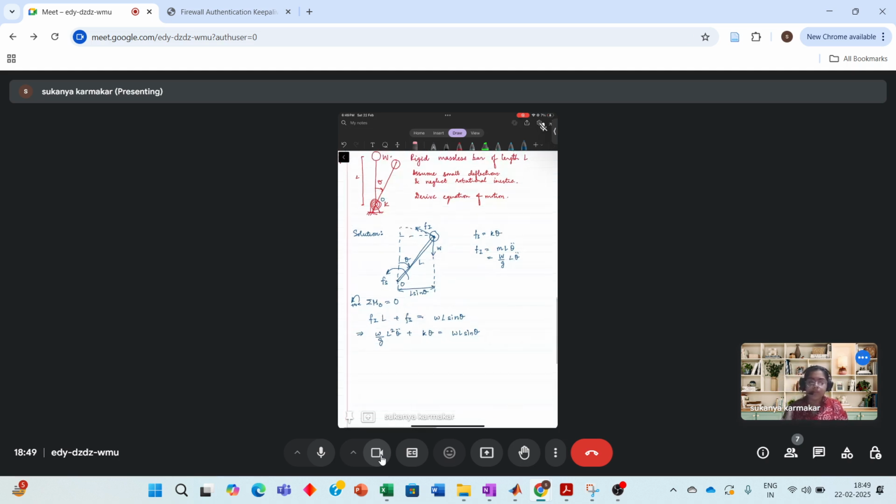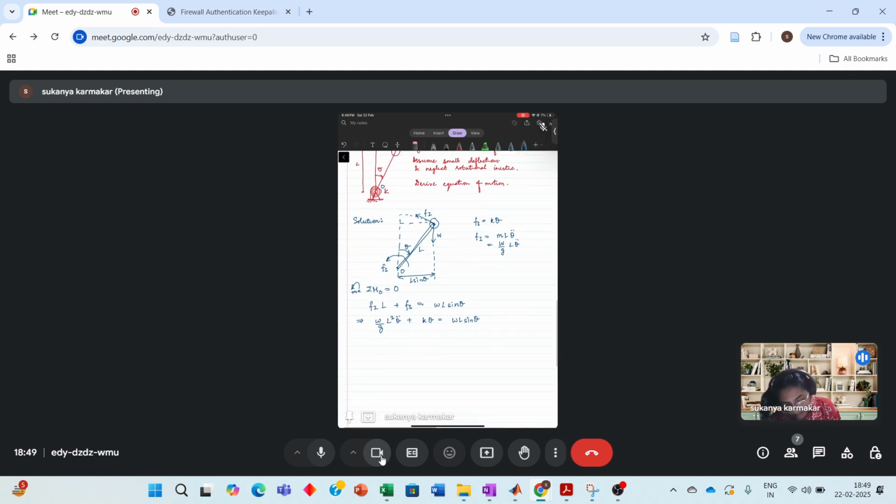And let's assume that this is a small deformation problem, that theta is extremely small. So let's write sine theta is approximately equal to theta, assuming small rotation.